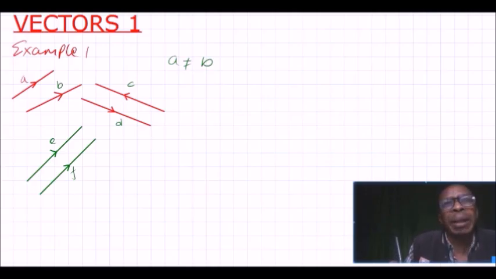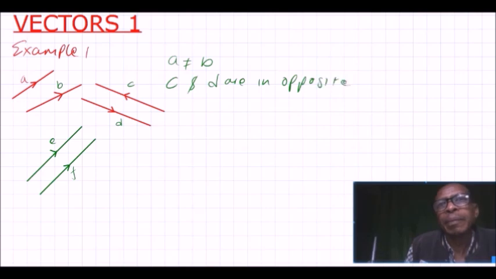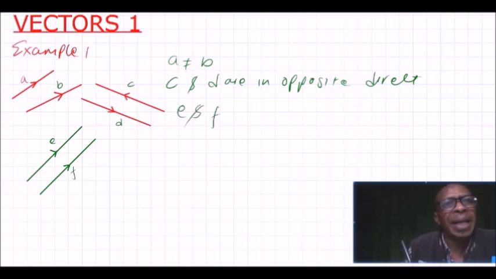What about vector C, this vector here? They are equal in magnitude, but they are in opposite directions. So A and D are in opposite directions, so they are not equal. Then we have E and F. Same direction, same magnitude.